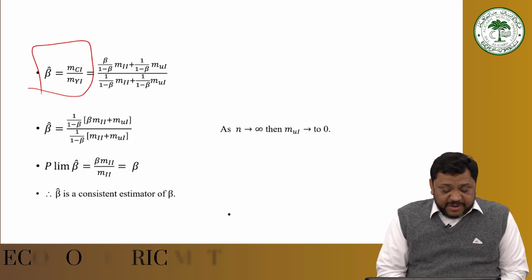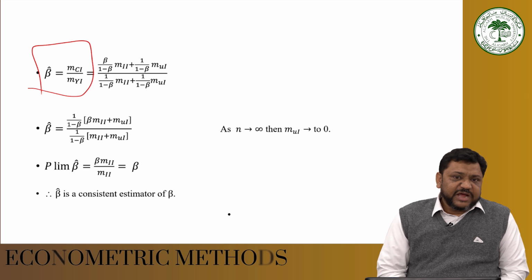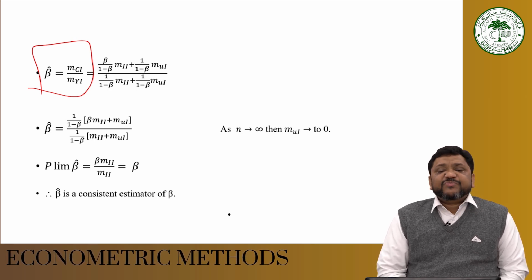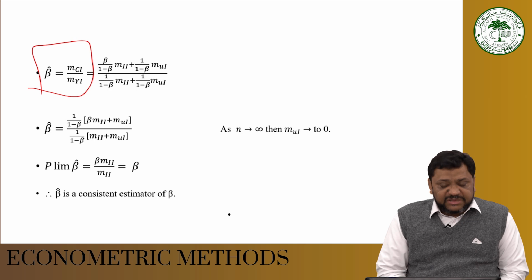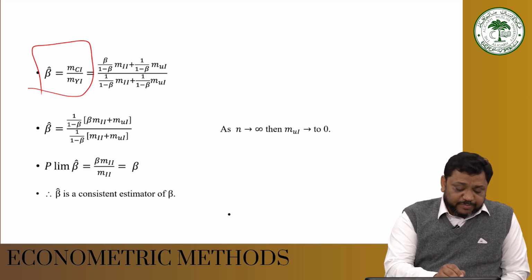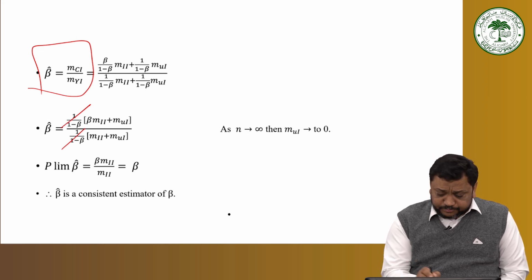This is divided by, again from the denominator also we take outside 1 upon 1 minus beta common, bracket open m_ii plus m_ui. Now 1 upon 1 minus beta is in the numerator and also in the denominator, so that can be cancelled.